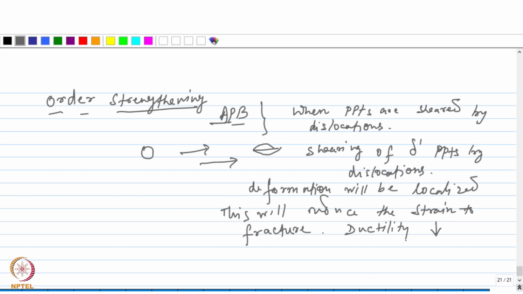So this is the reason why this kind of alloys exhibit a low ductility and also low fracture toughness.